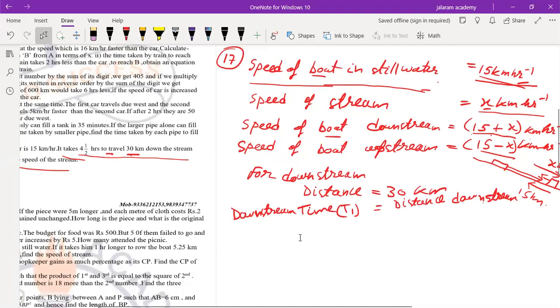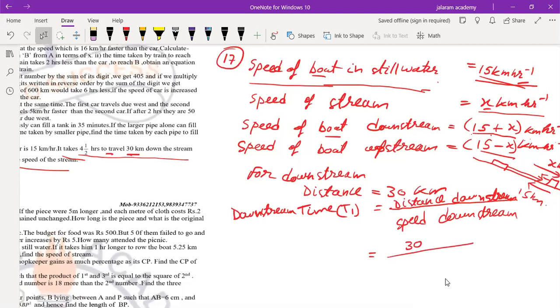When we find time downstream, distance for downstream is taken 30 kilometer. Speed for downstream we have written 15 plus x. Okay. So time is distance upon speed, 30 upon 15 plus x.